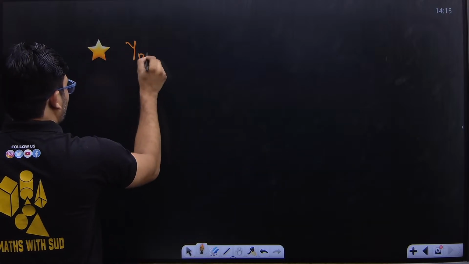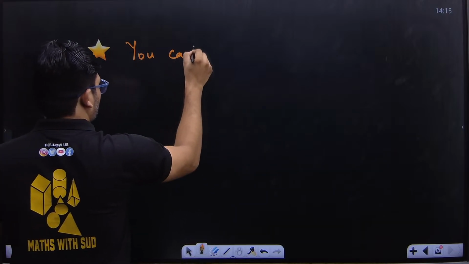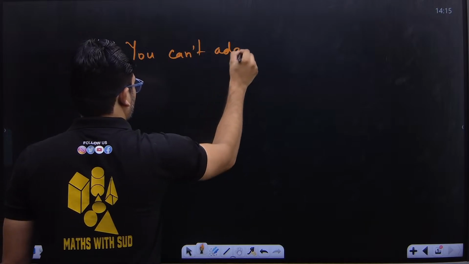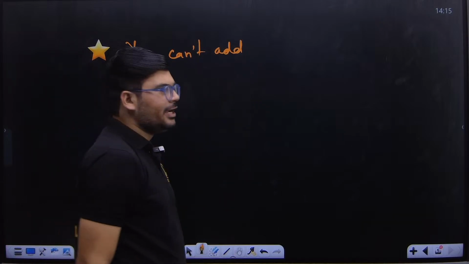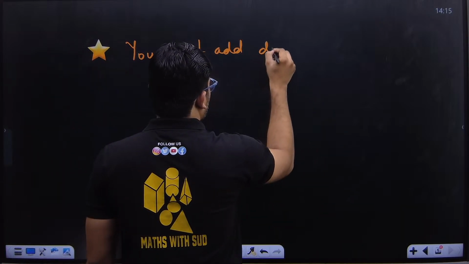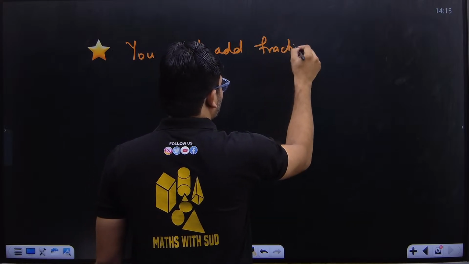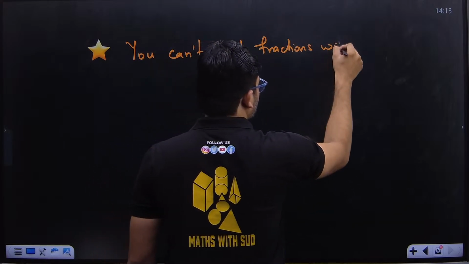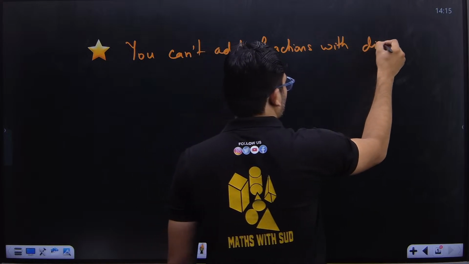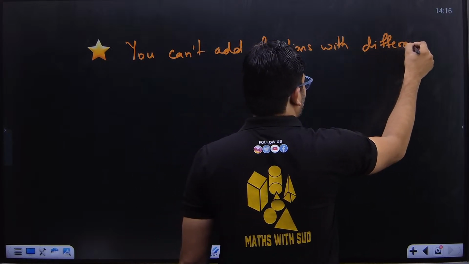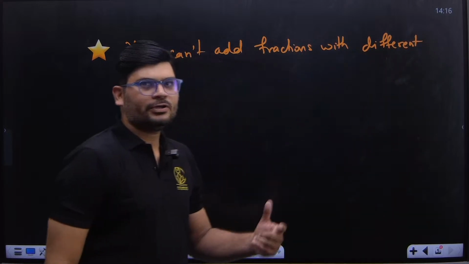You can't add fractions with different denominators, right? You need to make the denominator the same, that is, you take the LCM.